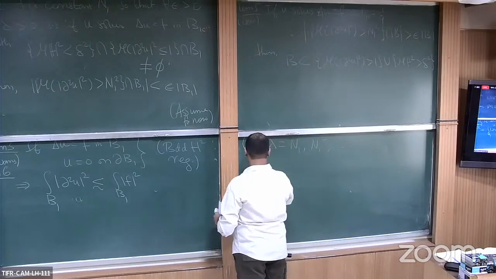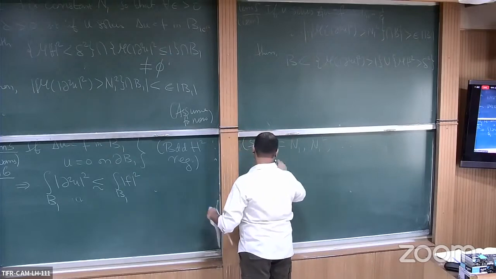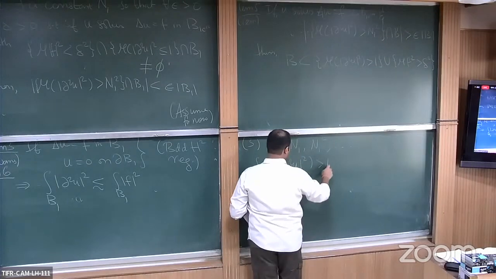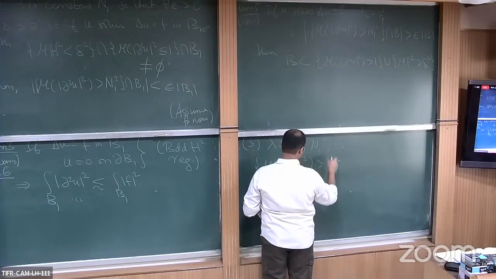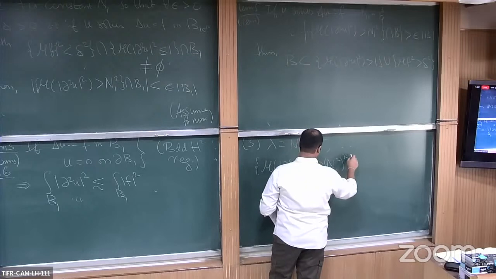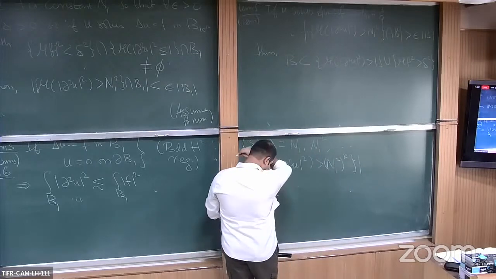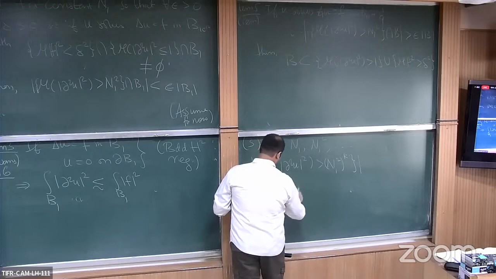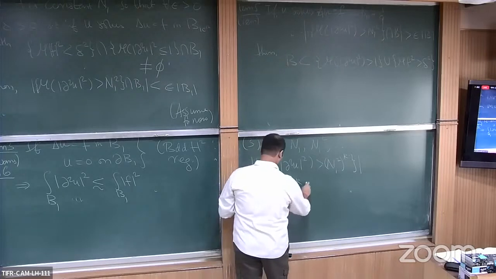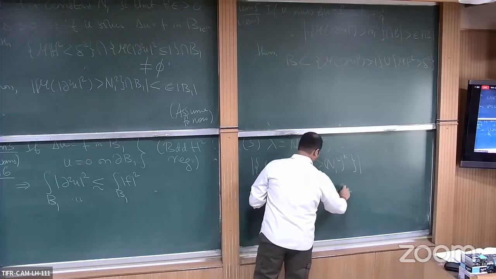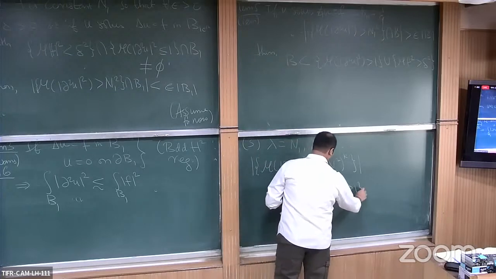What do I get? I get x in g1 again, N e square u square larger than n1 square to the power k, less than or equal to epsilon 1 power k, m square larger than 1.